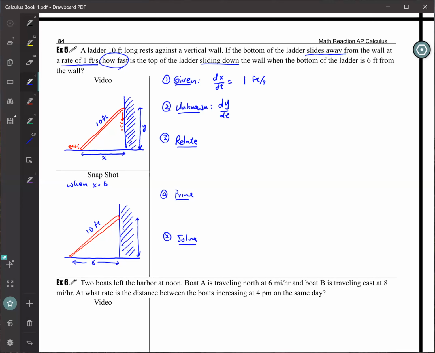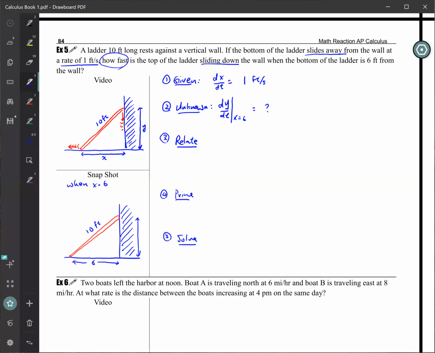What's the moment that we want to find? When x equals 6. Okay, x equals 6. Also, I have another question. Okay, so I did the Pythagorean theorem because I literally don't know what else to do.